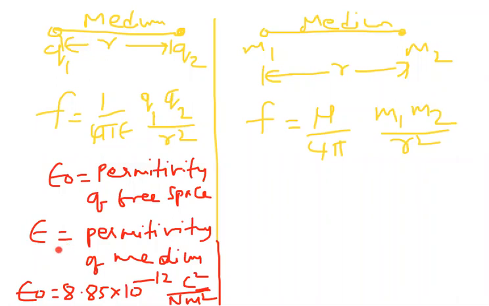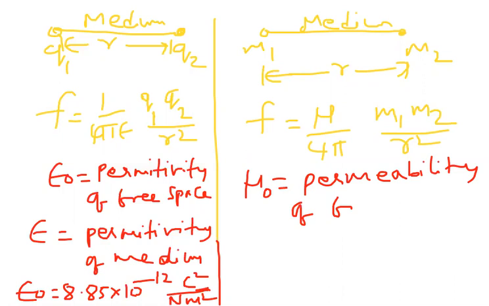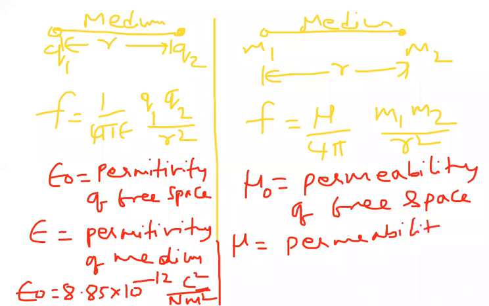Mu naught is the permeability of free space or vacuum. Mu is called the permeability of medium.